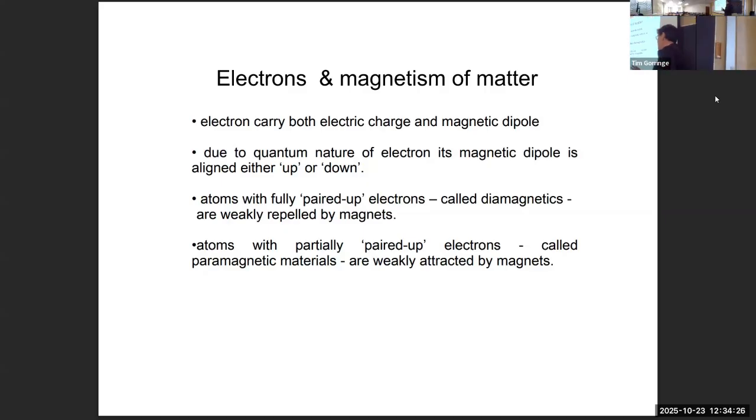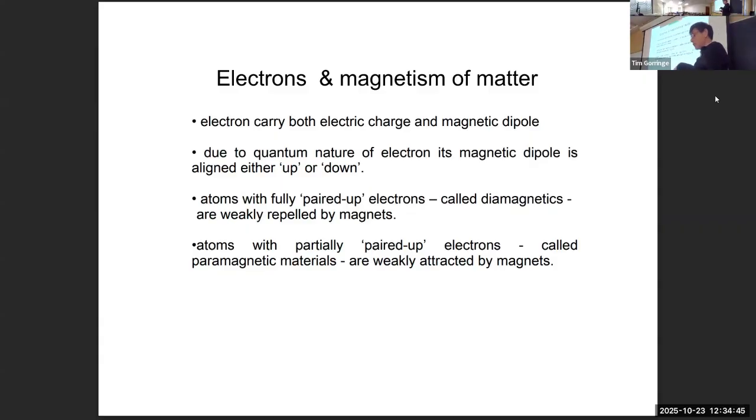So just as a very basic starting point, obviously electrons, essential components of matter, carry both charge and magnetism. So they have electric charge, they have a magnetic moment.